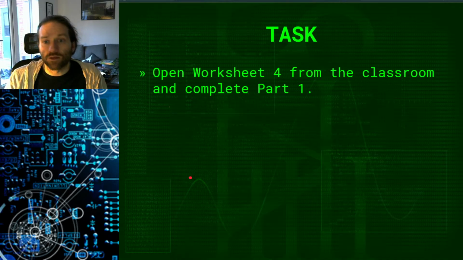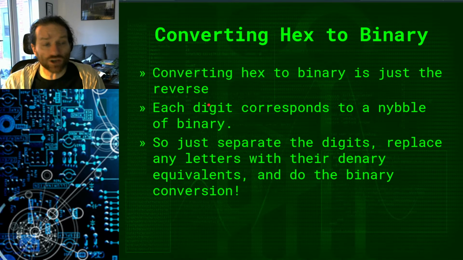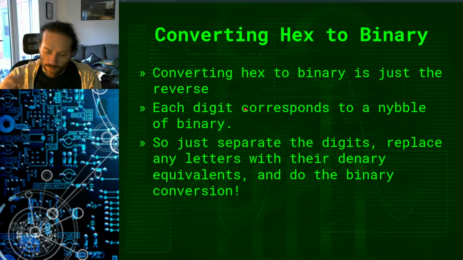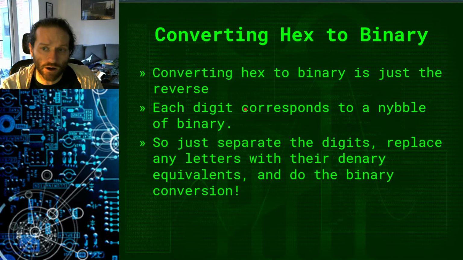So now that we've done that, let's go back from hex to binary, and it's just the reverse. As before, when we were converting from binary to hexadecimal, each nibble represented a single digit. When we're converting from hex back to binary, each digit represents a single nibble.